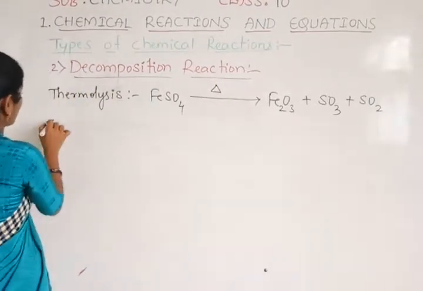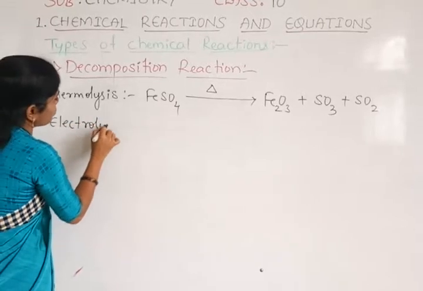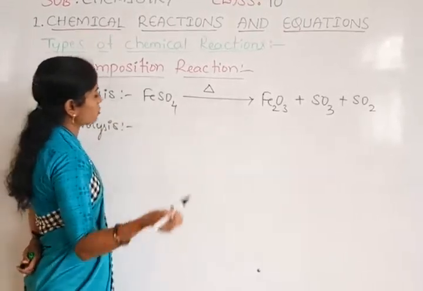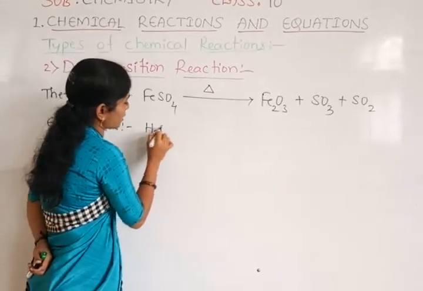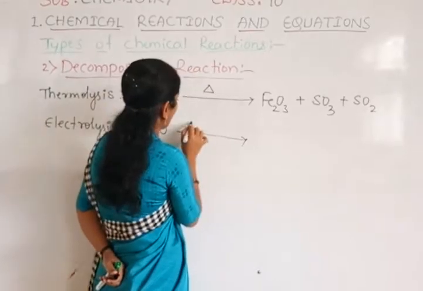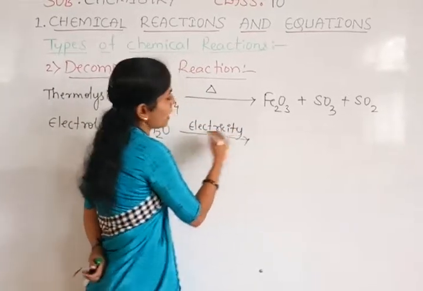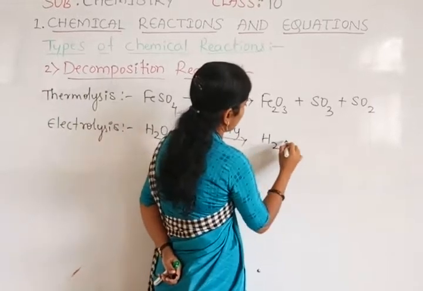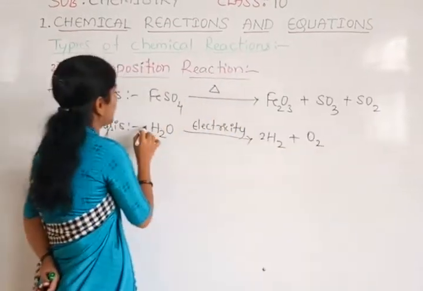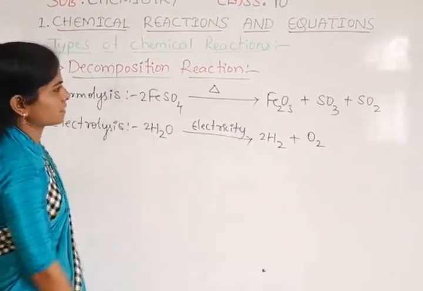And one more example we can tell you, the electrolysis. In this electrolysis the most common example we can take is water. So when we pass the electricity through the acidified water, what happens here? It will split up into hydrogen and oxygen. Here we can balance this.